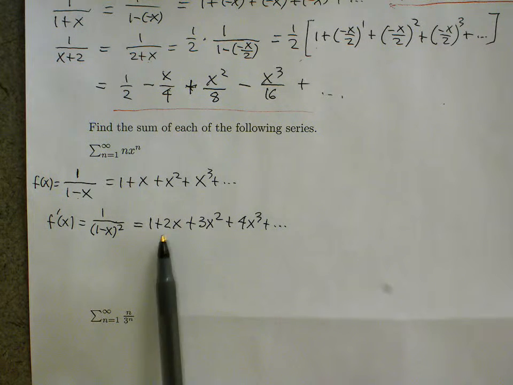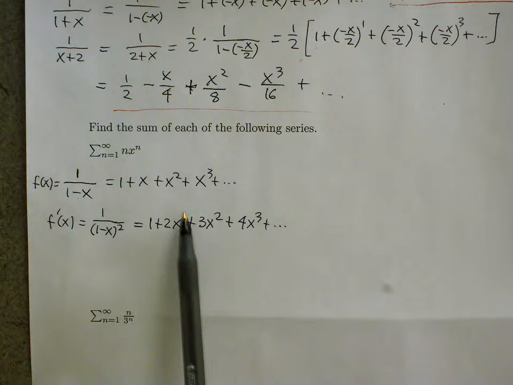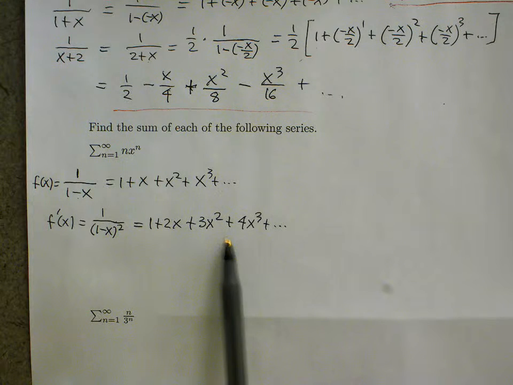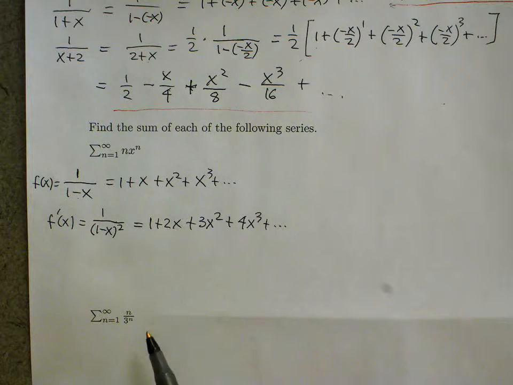So these terms, 1 plus 2x to the first plus 3x to the second. So an individual term in terms of n has the form n times x to the n minus 1.